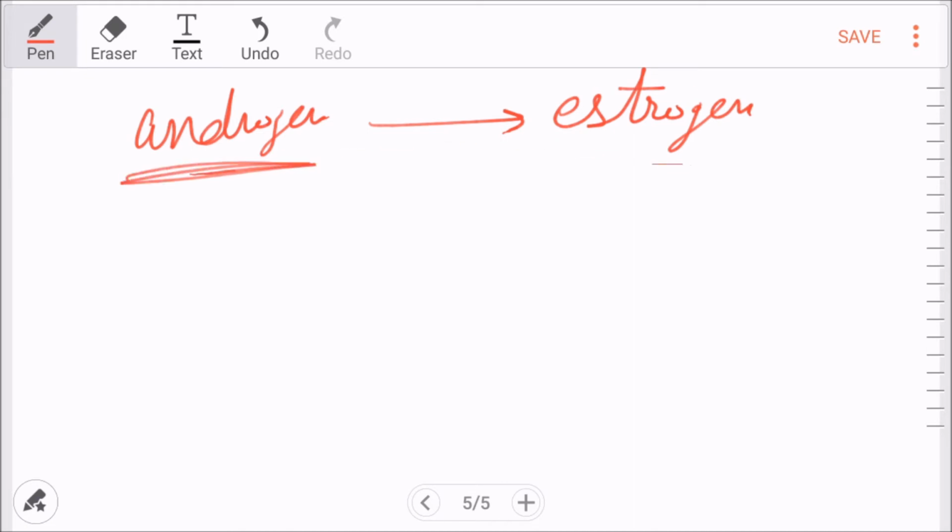Okay, androgen converted into estrogen by granulosa cells layer.